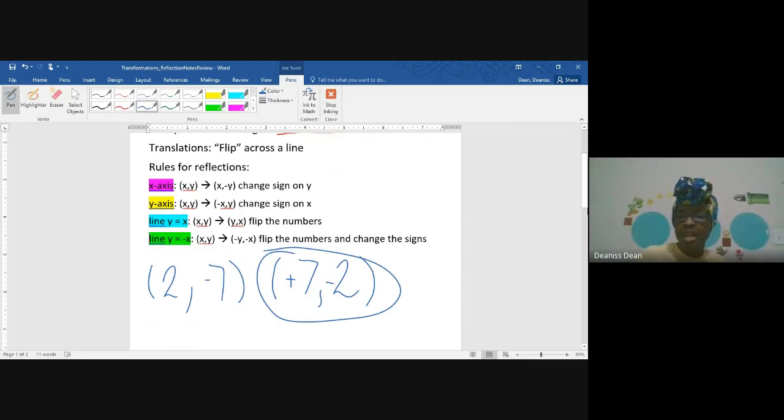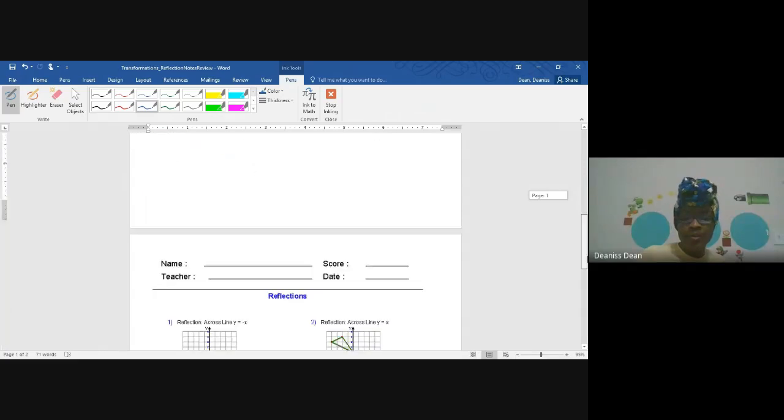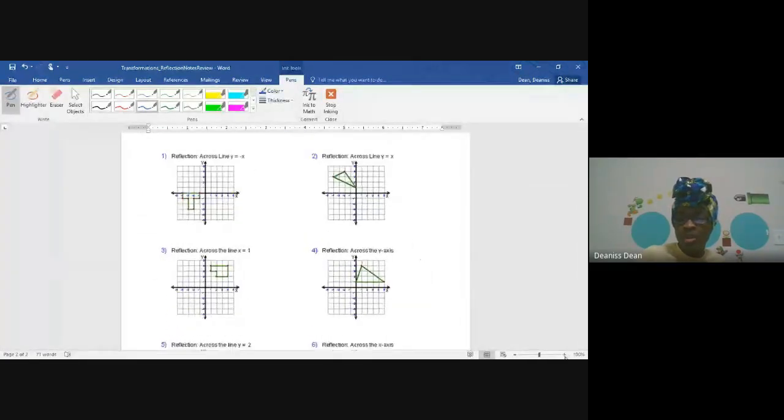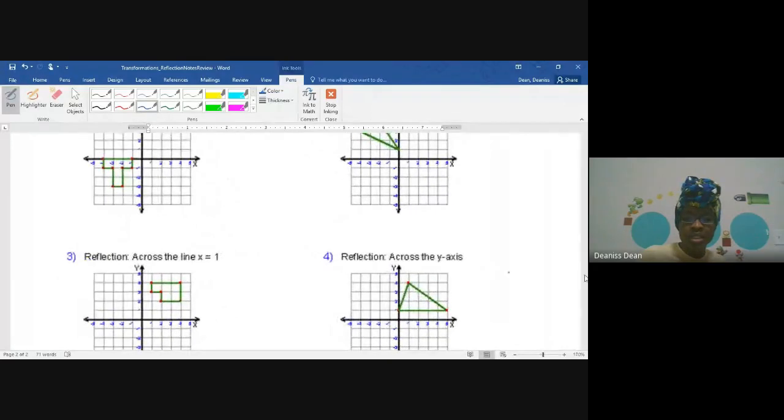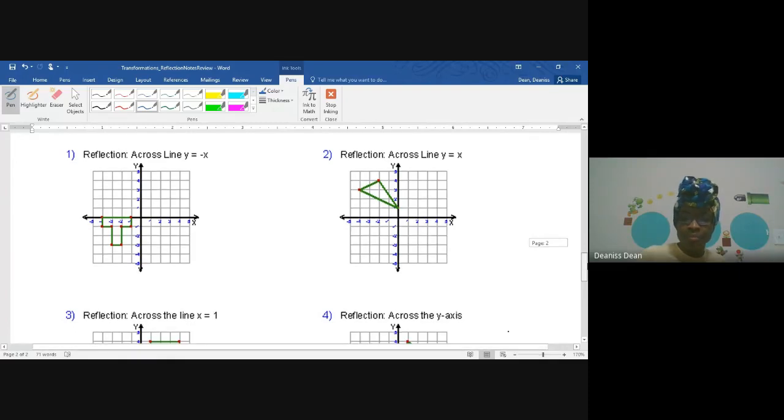Okay. So just a couple practice ones down here. I'm going to more so focus on, of course, reflecting across the lines, but more so what would be the points. That's basically what the assignment online is asking you to do.